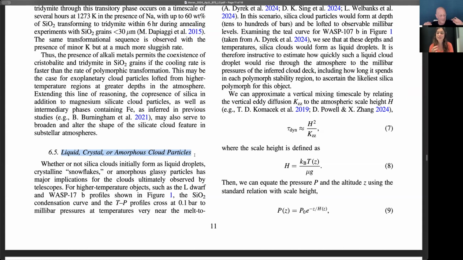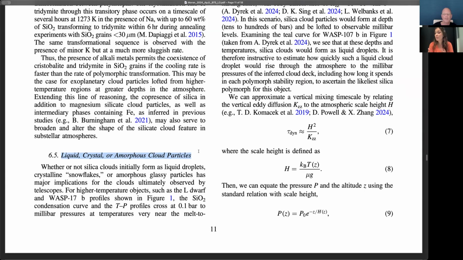And so you can kind of ask the question, how long would it take for a particle to nucleate as a cloud where that condensation curve is being crossed, where the pressure conditions are right? It can change from vapor to liquid or solid. And then it has to rise through the atmosphere to where we actually observe it. That's 2 steps.